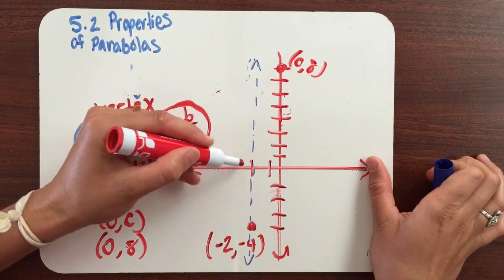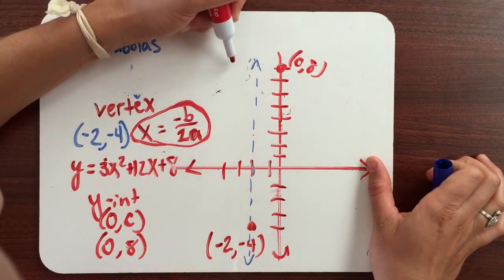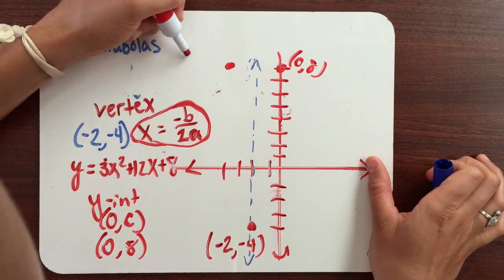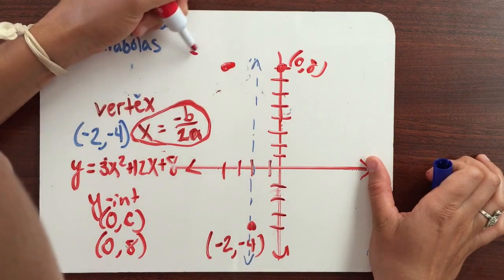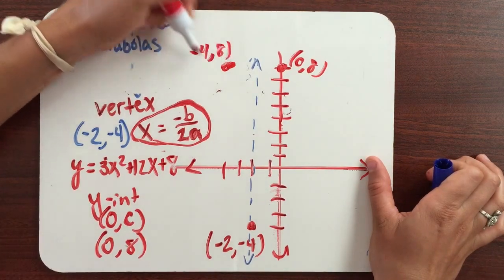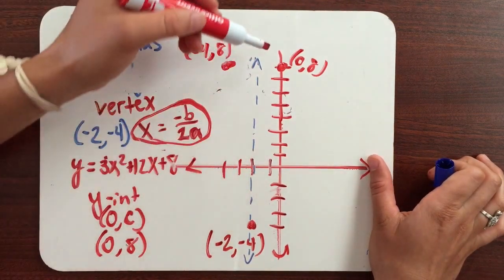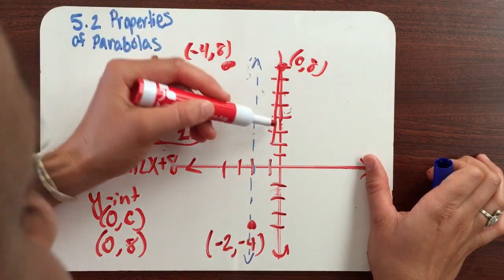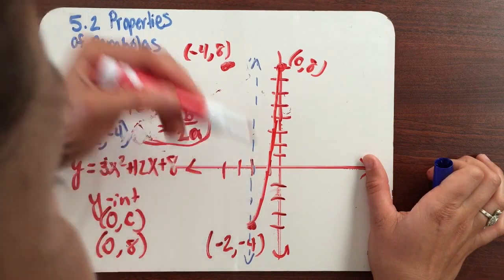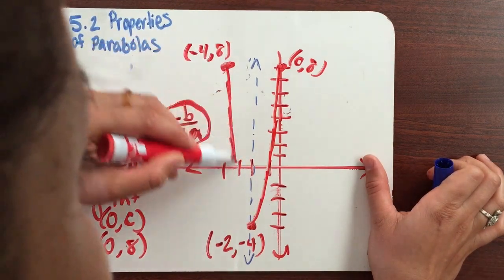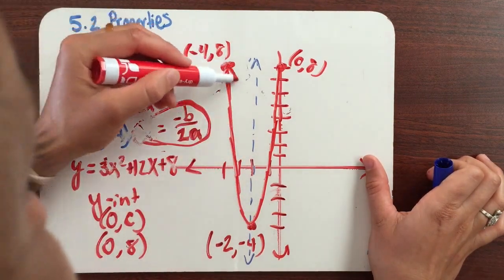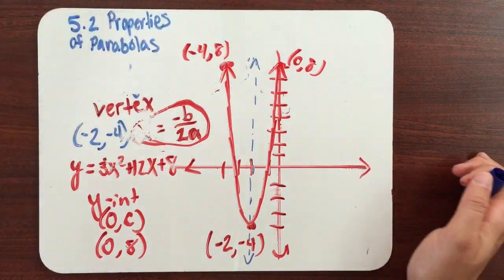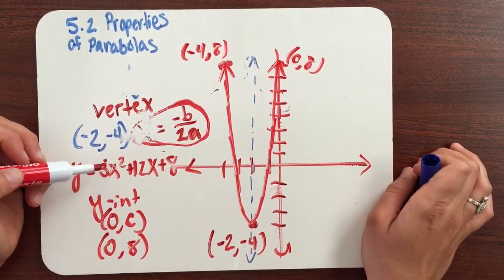So that will be at negative 4 and 8. And then we can just draw our parabola. If you want to find other values, you can. And that is our parabola of 3x squared plus 12x plus 8.